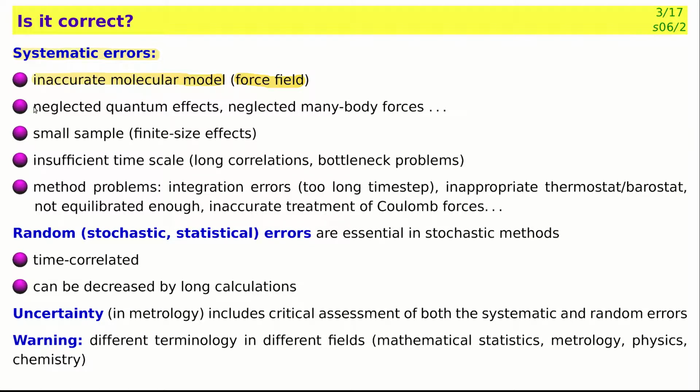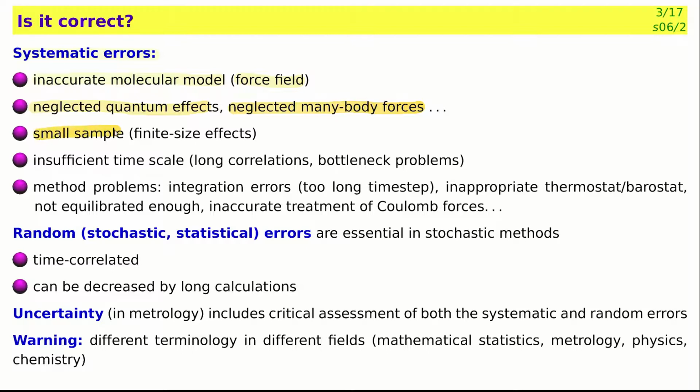It's much cheaper and easier. So neglecting quantum effects also brings a systematic deviation from real results. It is connected closely to neglected many body forces. That pairwise additive approximation is only an approximation.